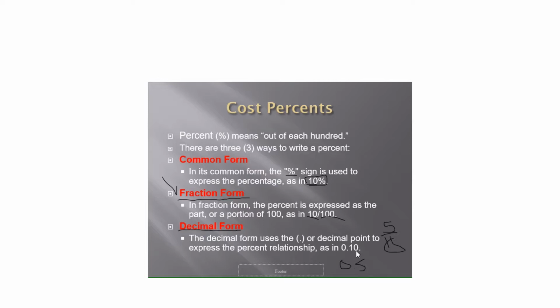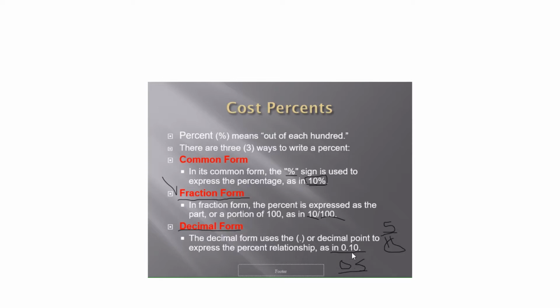Okay, and that would be considered decimal form because there's a decimal, 0, decimal, and then the rest of the percentage. In the example that we're given, 10% would be 0.1. 15% would be 0.15. 20% would be 0.20.